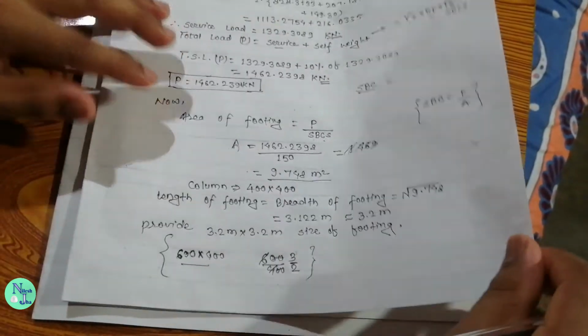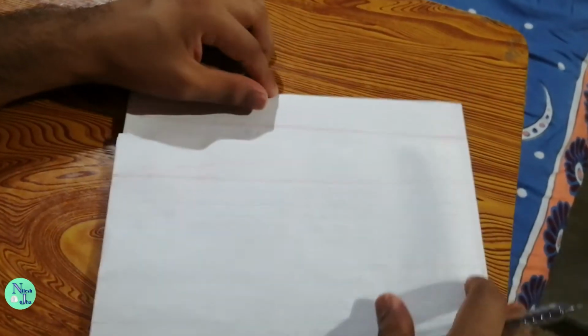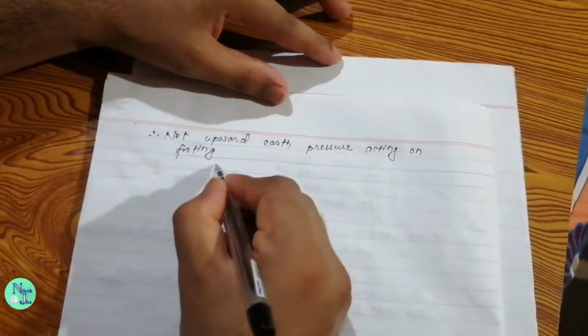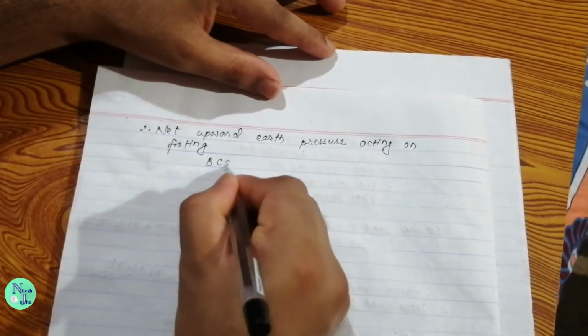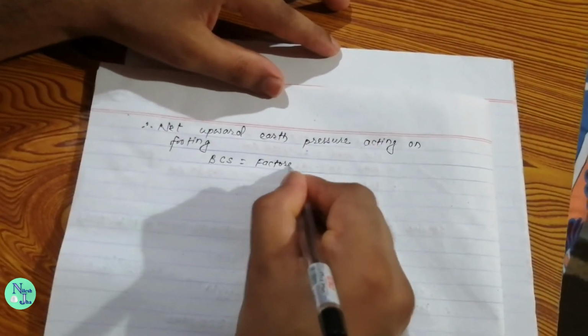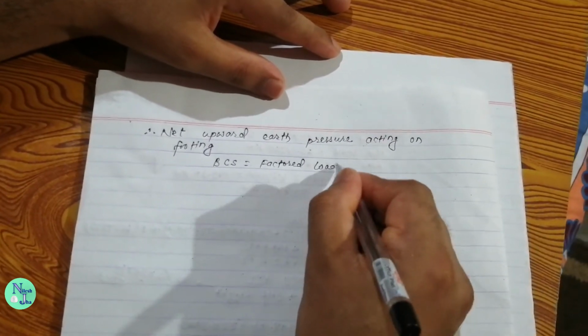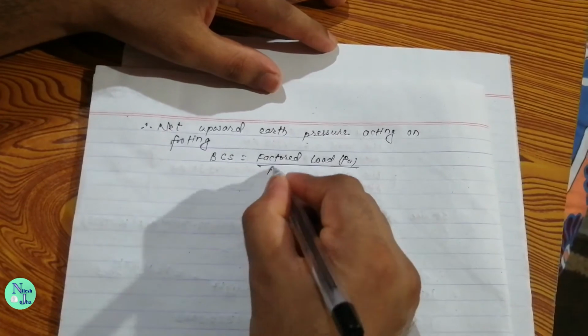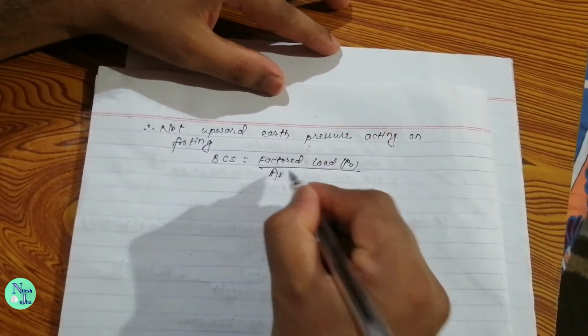And now we will proceed to the calculation of depth of the footing. For that we will calculate the net upward earth pressure acting on the footing. It is given by BCS, that is bearing capacity of soil, equal to factored load PU divided by the area of footing.